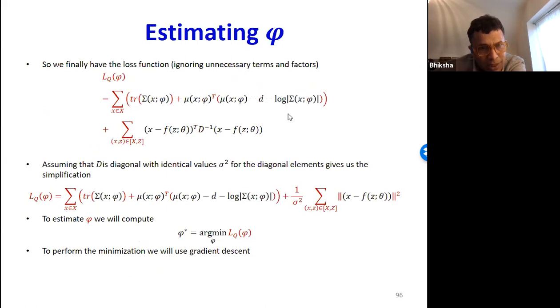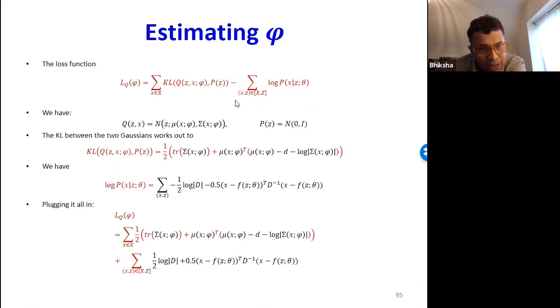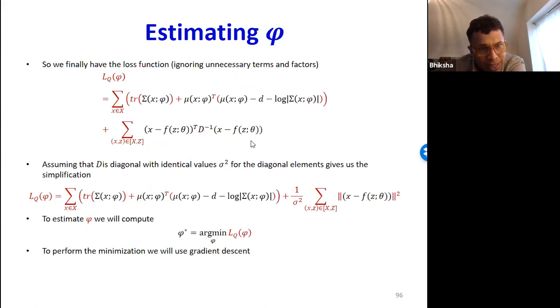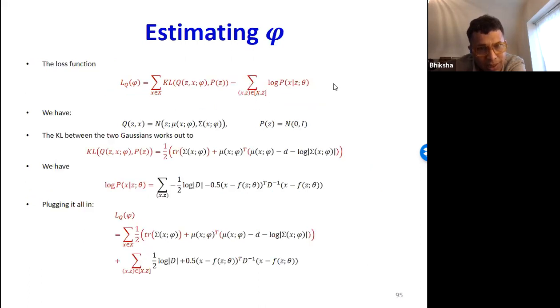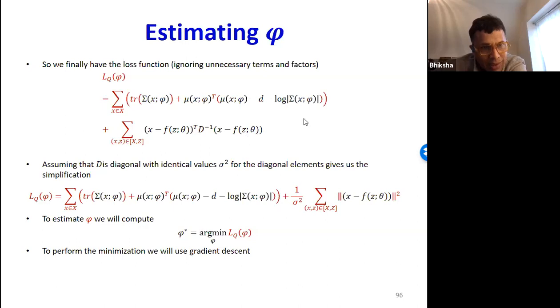This first term here is this Kullback-Leibler divergence term. The second term here is this guy here. And there are some extra terms which are not functions of phi, so we can ignore them. And you can simplify this further by assuming that the D matrix is diagonal. That gives you this reduced formula for L.